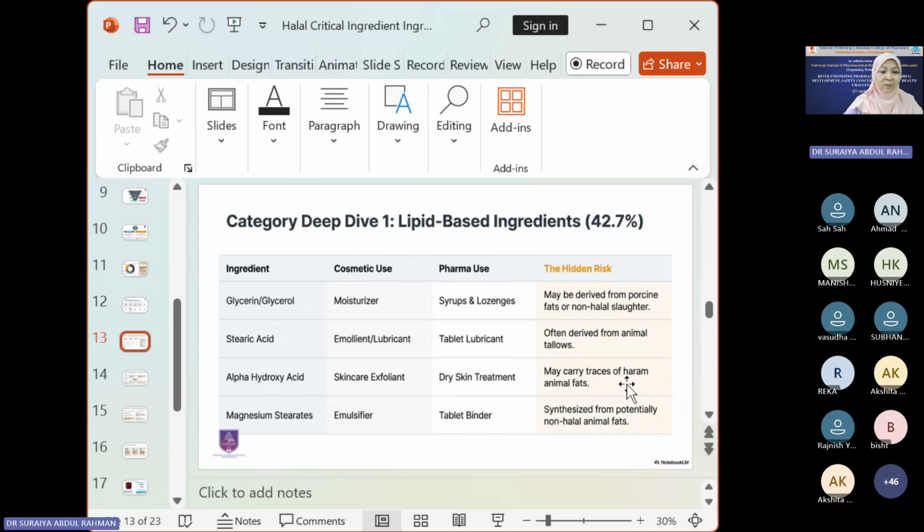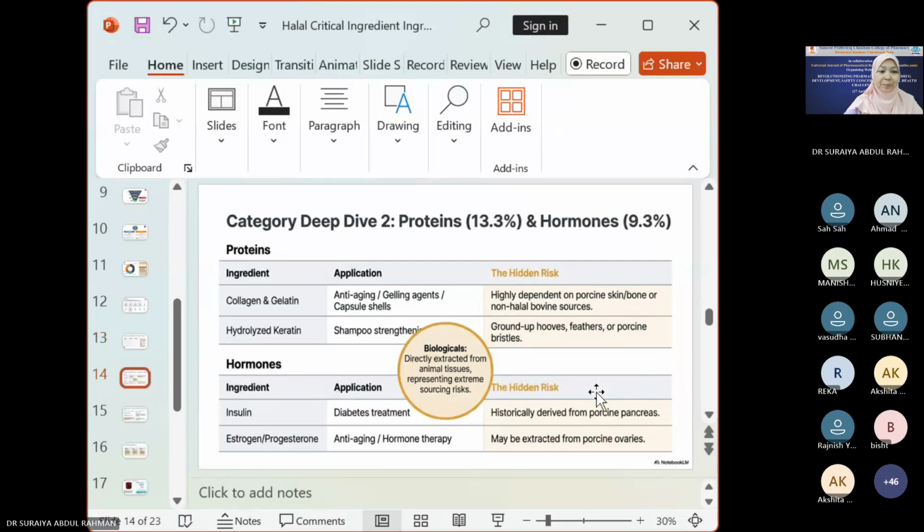Magnesium stearate is commonly used as an emulsifier in cosmetics, and in pharma as a tablet binder. The hidden risk is that it is potentially manufactured or sourced from non-halal animals. Alternatively, you can find halal magnesium stearate from vegetable oil or palm oil.